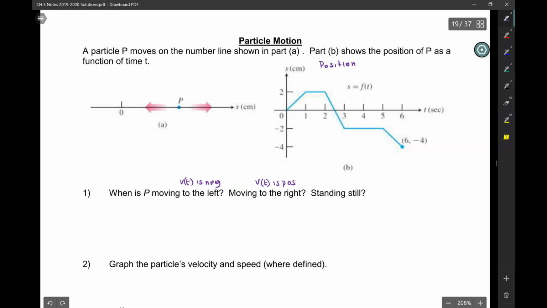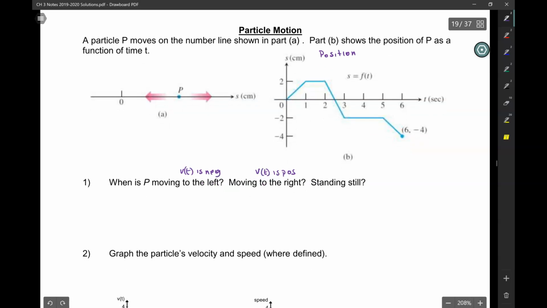Okay? So the slope of s of t is negative here, and the slope of s of t is positive here. So then when it's standing still, the slope is what? 0.